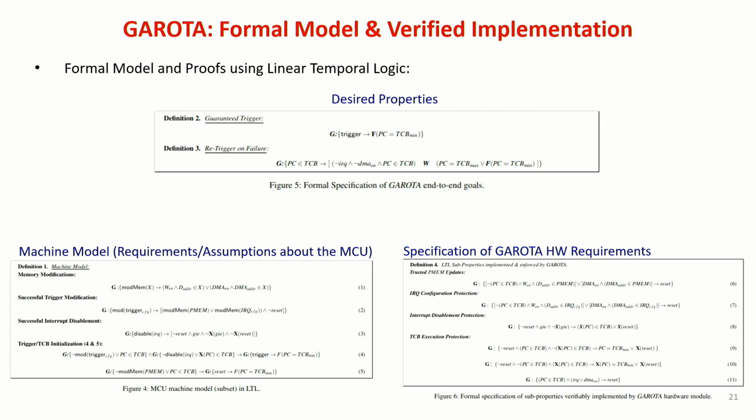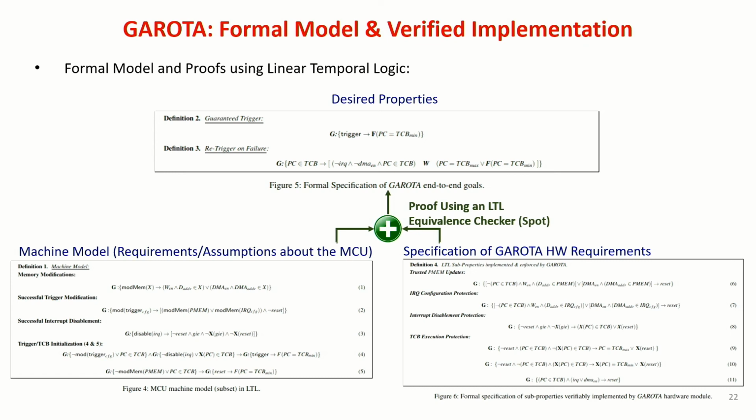So we do this, but we have no clue if the properties that we postulated are enough. So the next step is to use a proof assistant to show that actually the GAROTA hardware properties, when applied to the MCU machine model, imply the high-level properties that we want. This gives us sufficiency for the properties.